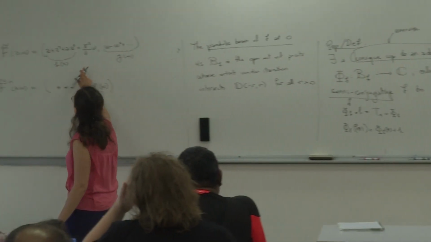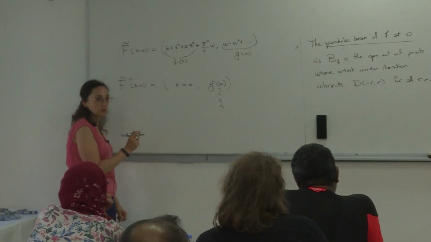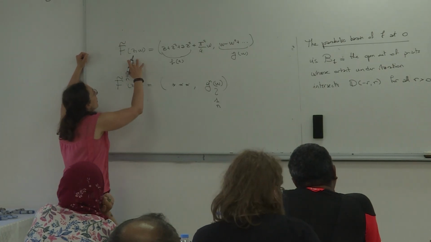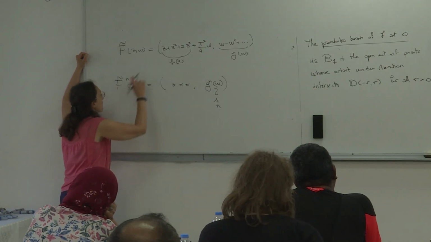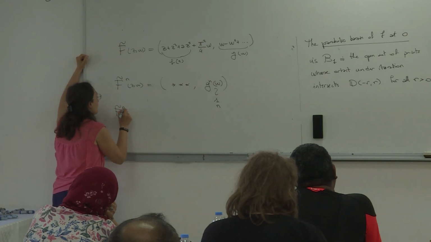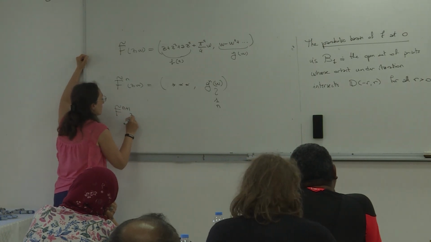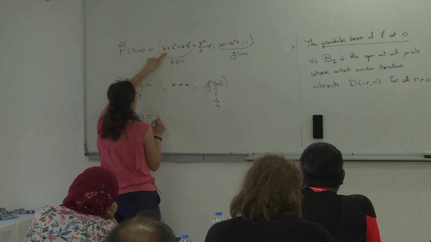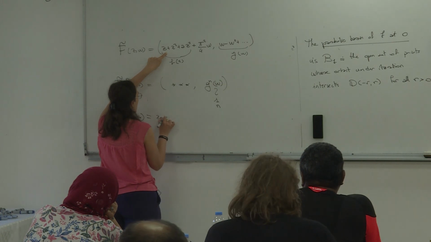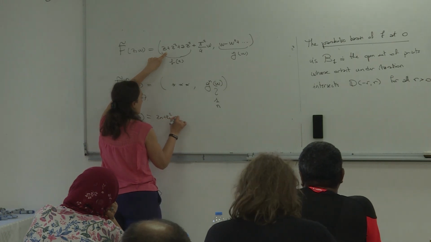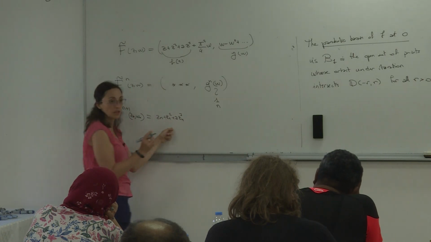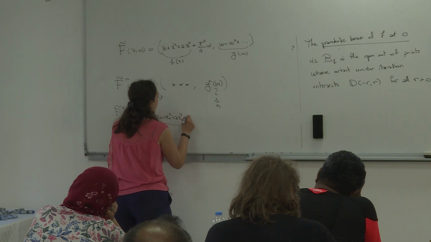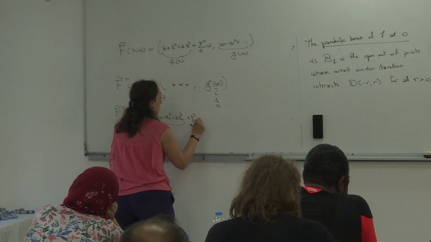So what happens? Let's just take the first iterate of this. Well, let me write down for one second what this is with respect to F n plus 1. F n plus 1 of Z naught, W naught is simply, so let's write it down, Z n plus Z n squared plus A Z n cubed. Okay, so this is easy for the moment, plus pi over 4 W n.